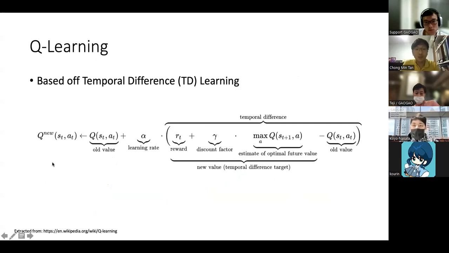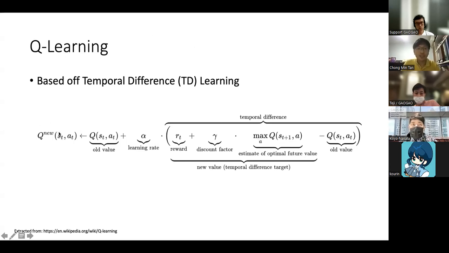If you were to use temporal difference learning, you need to step through all possible future actions. Actually, no, this we can still do. But if we were to do the update the traditional way, when we update the Q value here, we need to step through all the possible future states, which can be quite large.